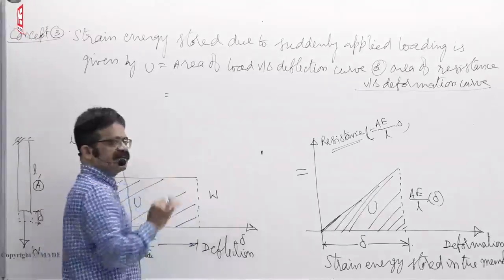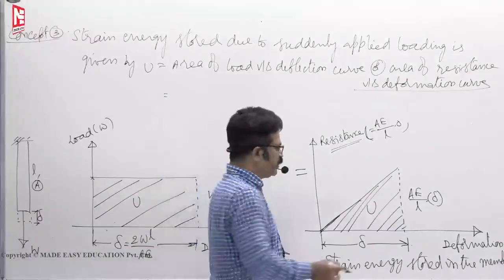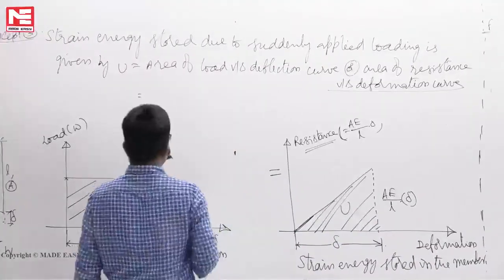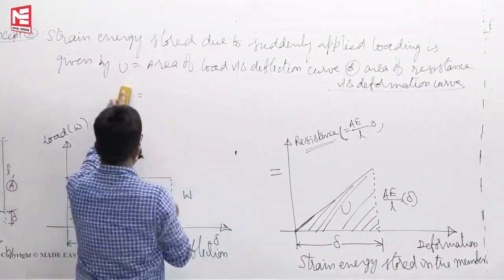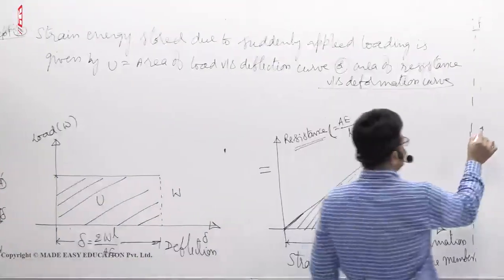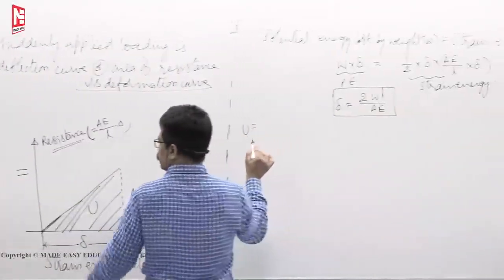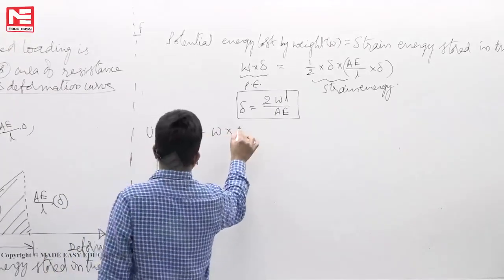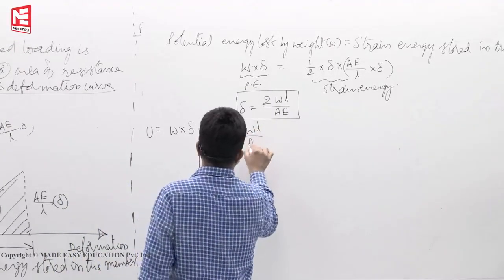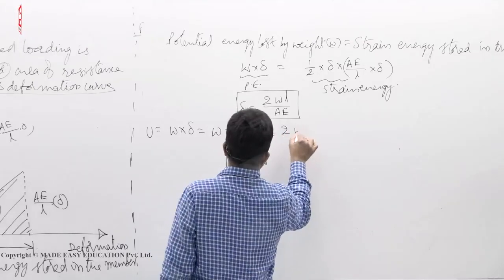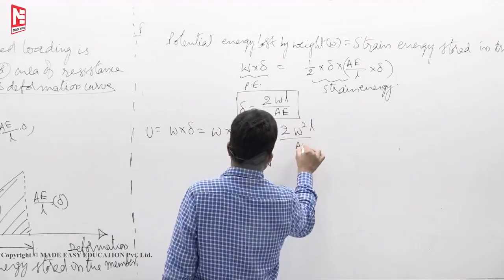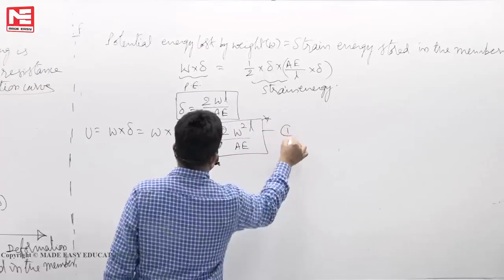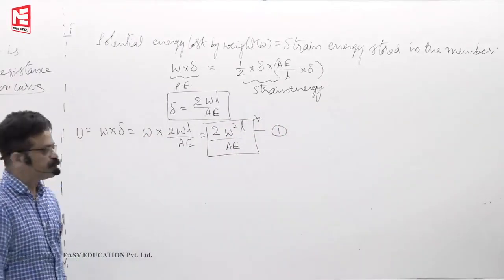So rectangle area and triangular area will be equal only when delta is 2 WL by AE. So now if you take this U value, U is equal to W into delta, is equal to W into 2 WL by AE. So you will get 2 W square L by AE. This is expression 1 for suddenly applied load.